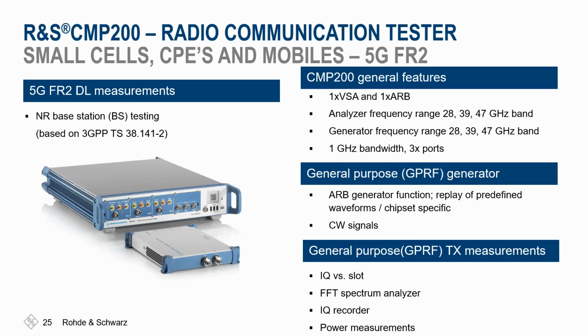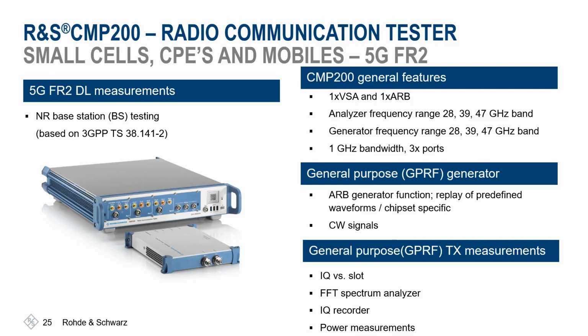This instrument has a total bandwidth of 1 GHz and comes with 3 ports. These 3 ports are very handy when it comes to parallel testing in production. The generator and analyzer can also be used as a normal one. So with the generator, it can replay continuous waveform signals, predefined waveforms or chipset-specific waveforms.